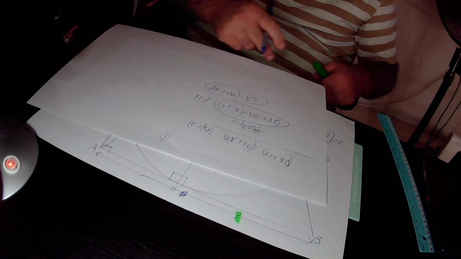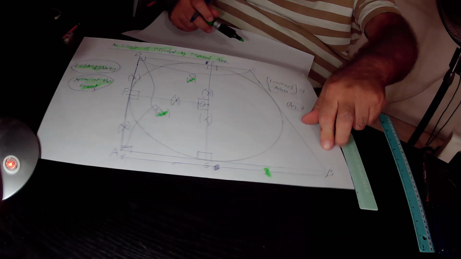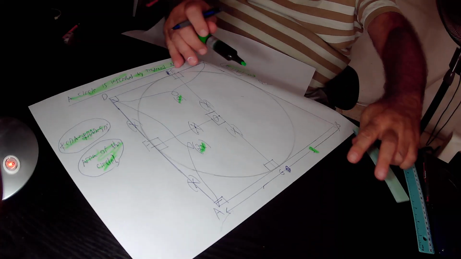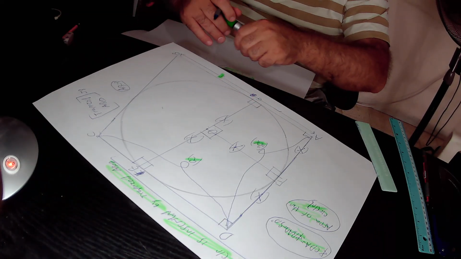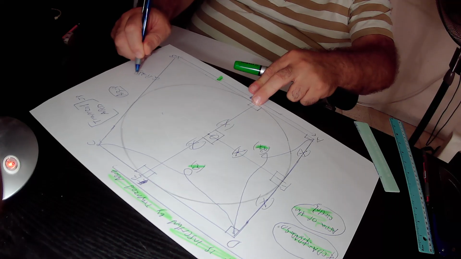So we found out that this missing side CB equals A plus 3 minus 2x units in length.